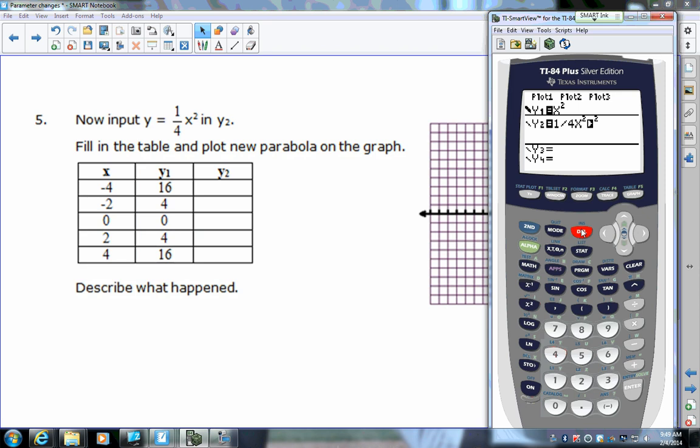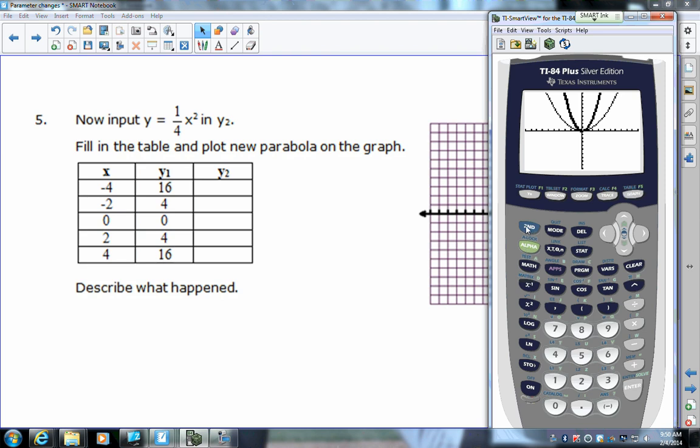Oh, I gotta delete some things. All right, here we go. 1/4 x squared. I press graph. There's my parent function. What happened to this one? Much fatter, much wider. Okay?